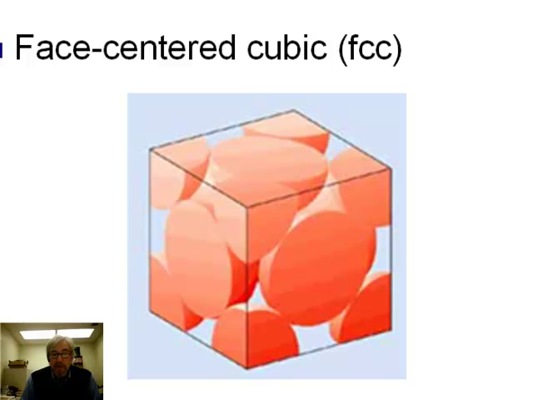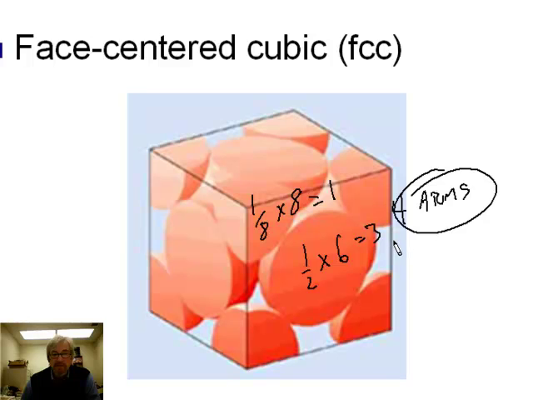So if we calculate the total number of particles in here, we've got 1/8 at each corner, so 1/8 times 8. And then at each face we have 1/2. But there are 6 faces in a cube, so 1/2 times 6. 1/8 times 8 is 1. Half of 6 is 3. So that means there are 4 atoms in every unit cell.